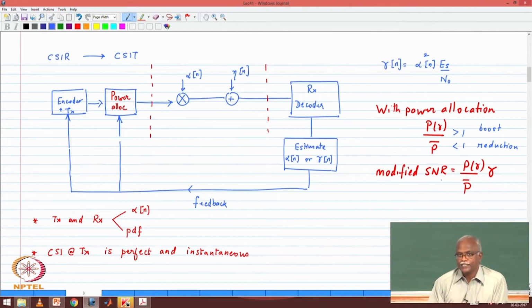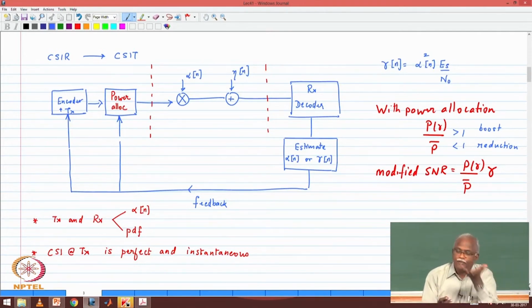So the modified SNR with the power allocation: when the signal goes over the channel, the channel does not know whether you did power allocation or not. All it knows is a signal was launched and this is how I'm going to receive it. So the SNR that you receive at the other end is now modified, because the instantaneous SNR gamma got modified by the power allocation that you did, and you need to keep in mind that you have now artificially modified the SNR.